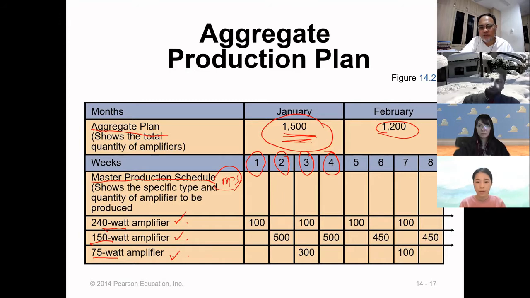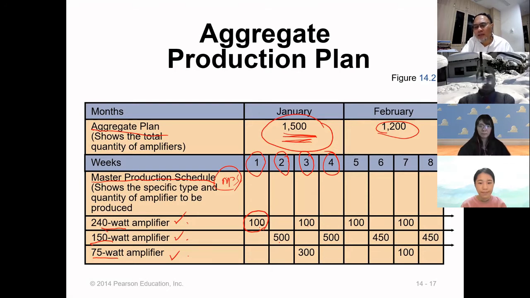According to our capacity and our availability, we're going to break down into 100 in week 1, 500 for this, 100. This depends on the organization. It depends on the capacity. So this is what is called MPS planning.